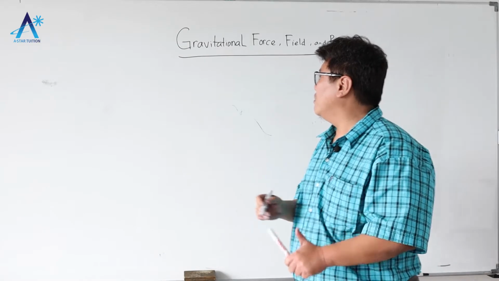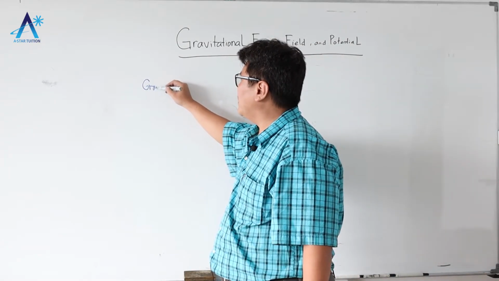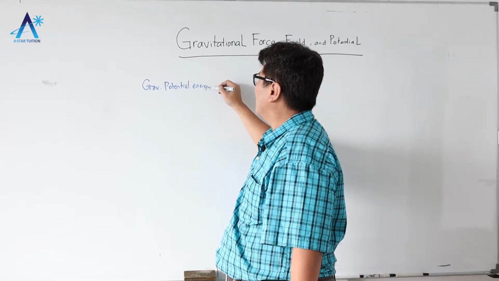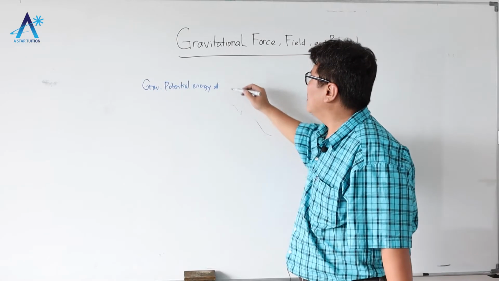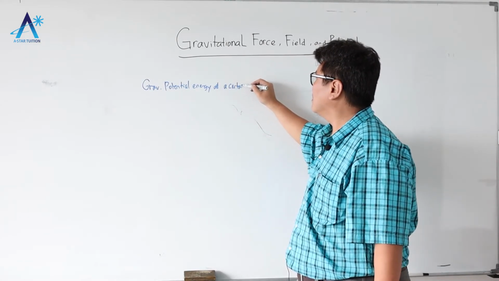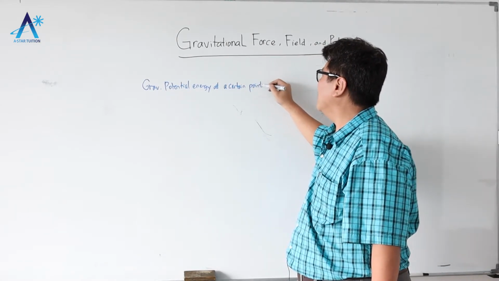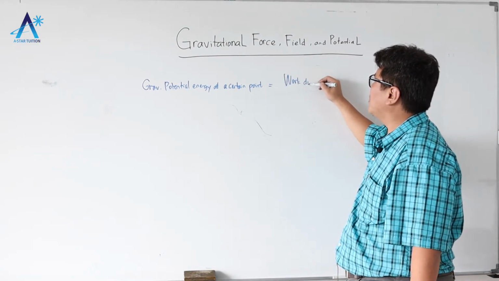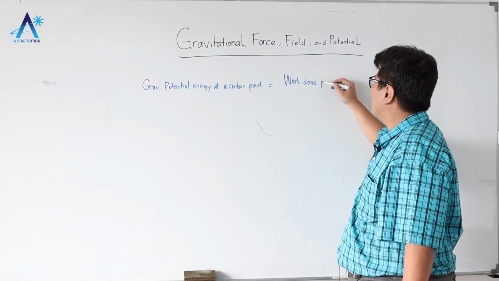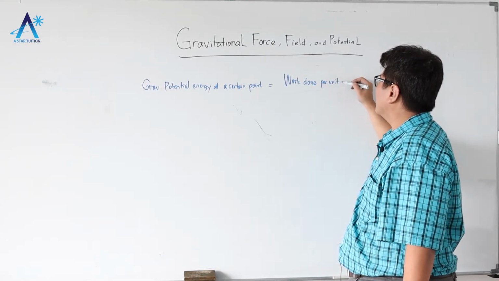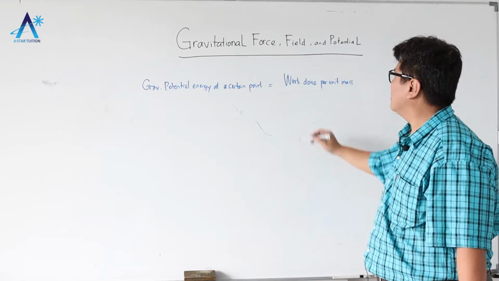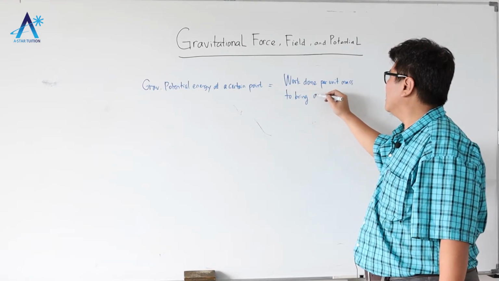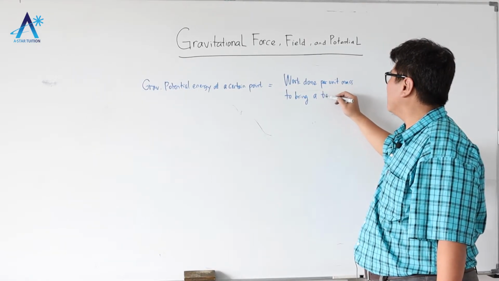This is the definition: the gravitational potential at a certain point is equal to the work done per unit mass to bring a test mass from infinity.